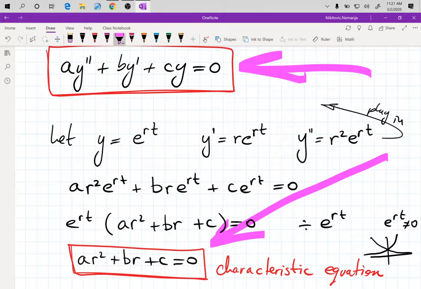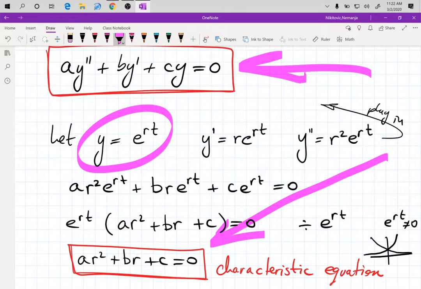And you also notice that the r that shows up in the solution, which we are guessing, e to the rt, is the same r in the equation below.